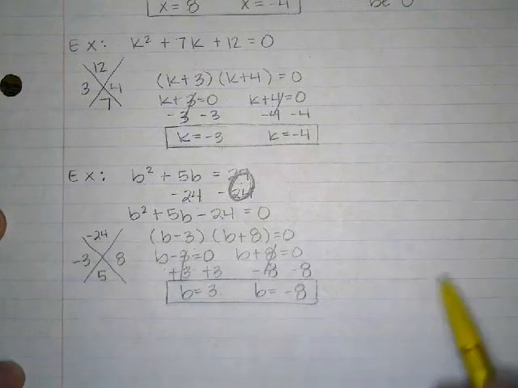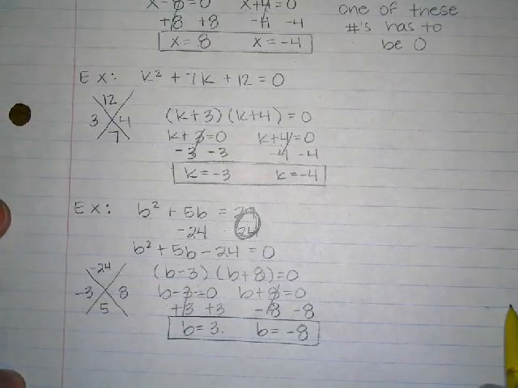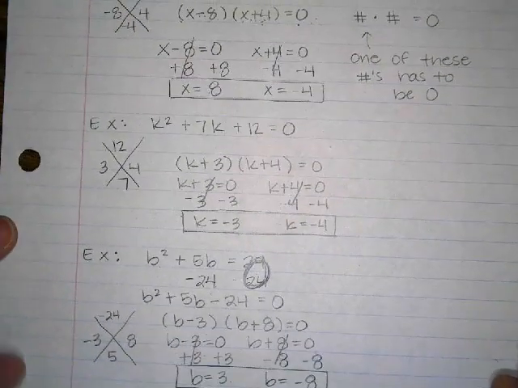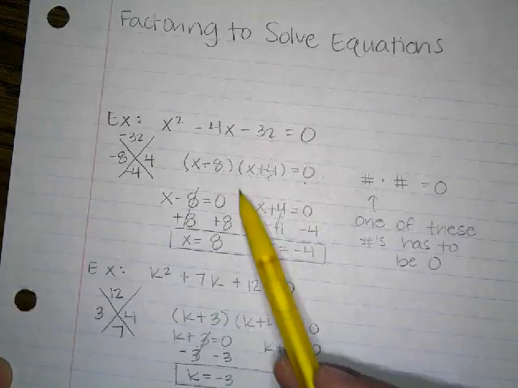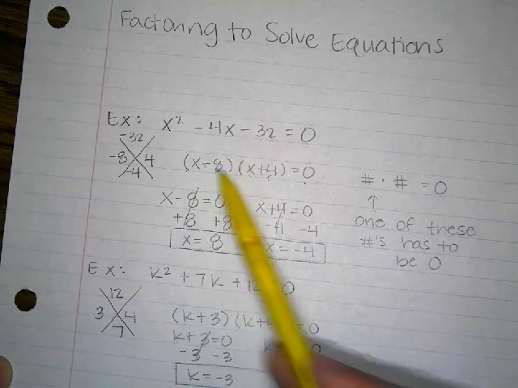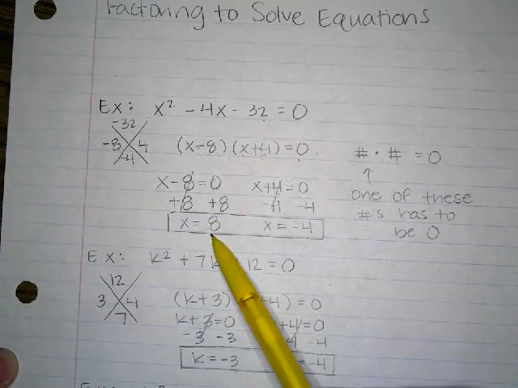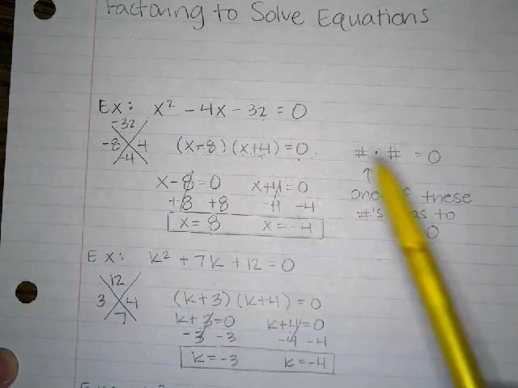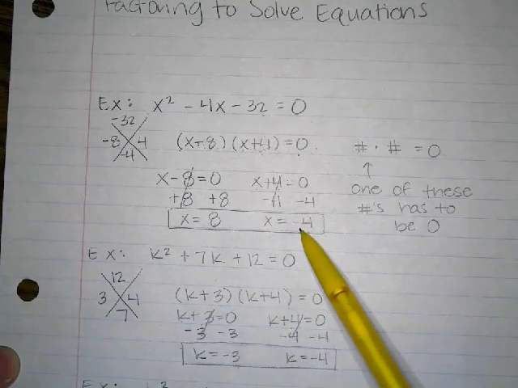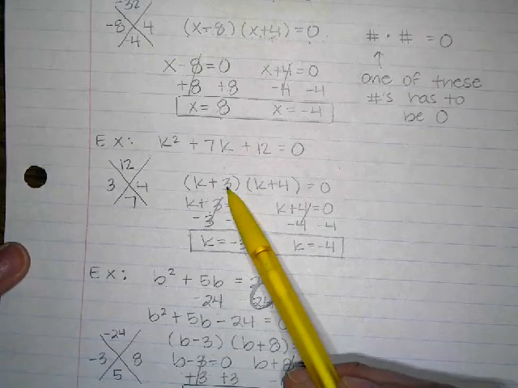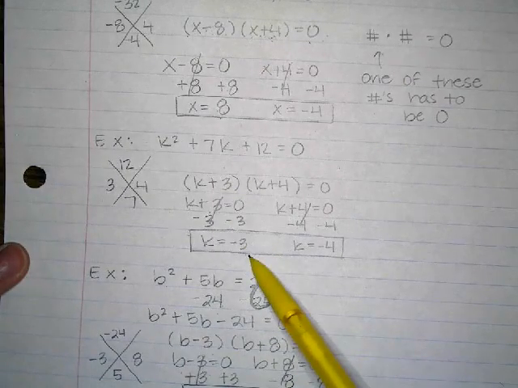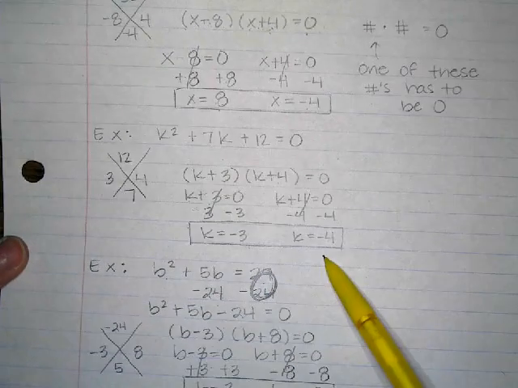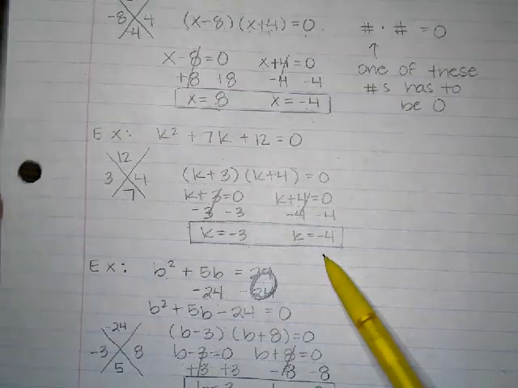Opposite sign. So if the factor said x minus 8, then the answer is positive 8. If the factor said x plus 4, the answer is negative 4. If the factor said k plus 3, the answer is negative 3. Factor said k plus 4, answer is negative 4. So whatever the factor says, the answers are the opposite.